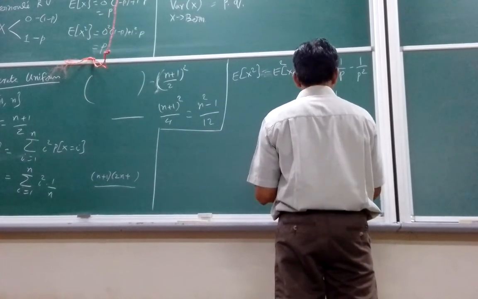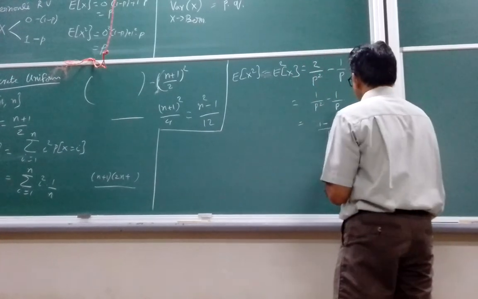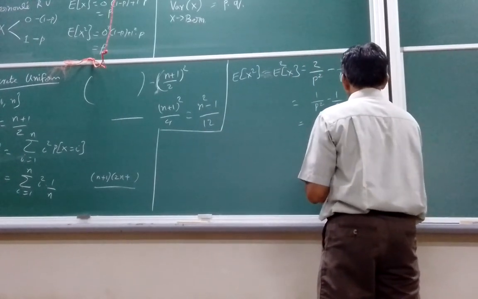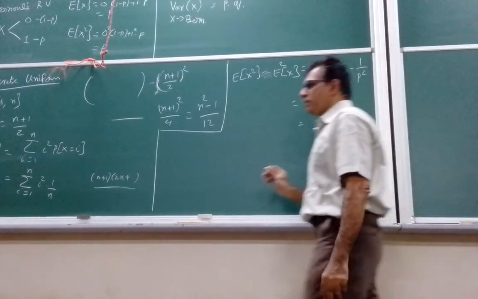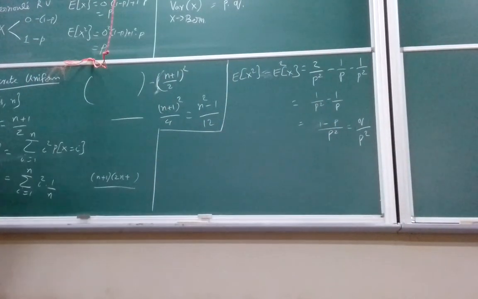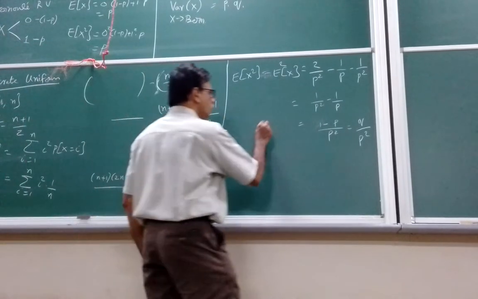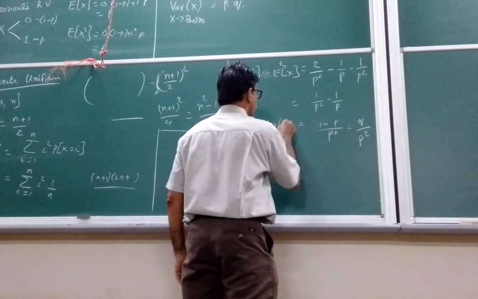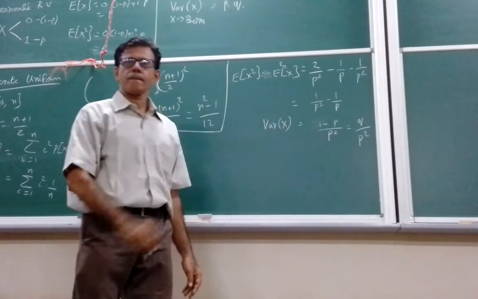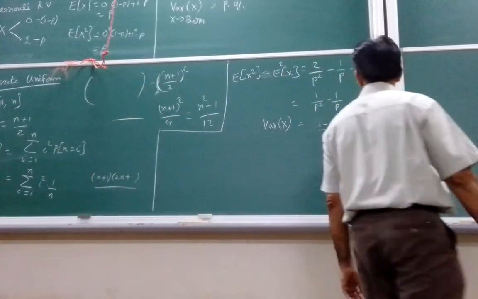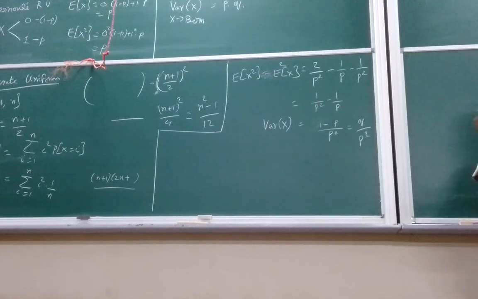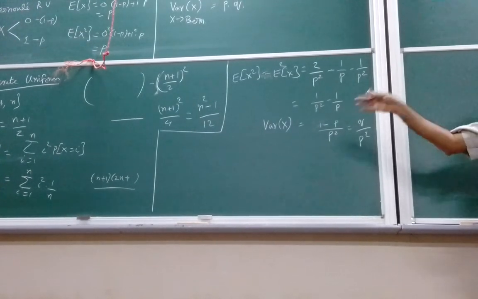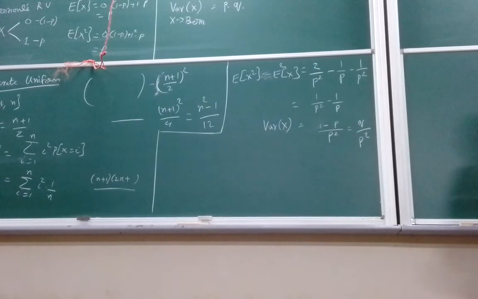And what is this? 2 by 3. q by p squared is what we get. So that is the advantage of using conditional expectation. The calculation becomes simple.